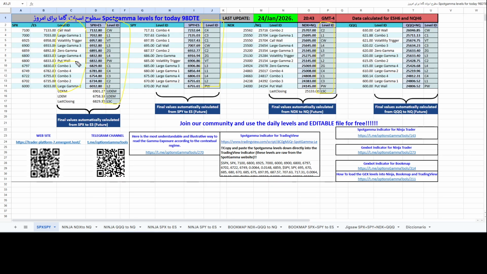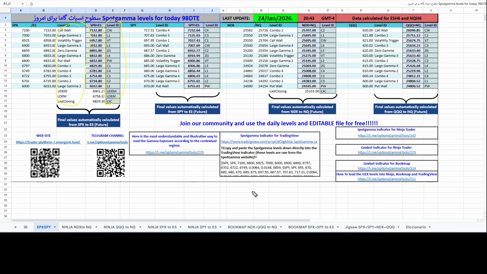It's the same names, only that I write large gamma 4 as L4, and combo 2 and C2 are the same. It's more practical for me to show the level ID in NinjaTrader than the whole name.